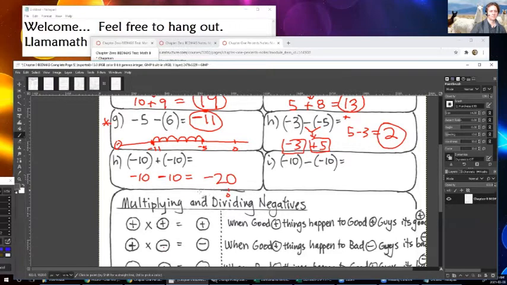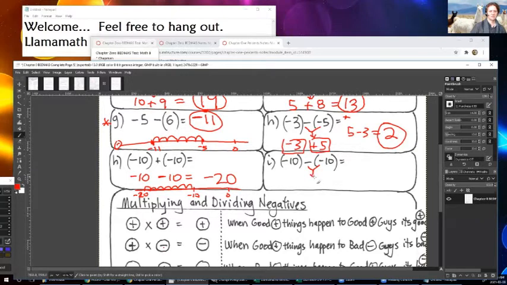Oops. Now I've gone and changed my pen color. Sorry, guys. Minus 10, minus another 10. So I'm going to start at minus 10 here and keep going back even more towards the negative, another 10. So minus 20.